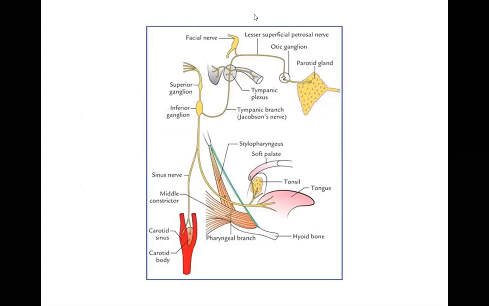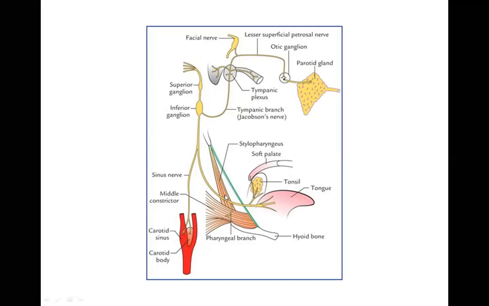So here you can see the branches. It has a superior ganglion, inferior ganglion. This tympanic branch forms the tympanic plexus. From there, the lesser petrosal nerve, and then to the otic ganglion, and from there the auriculotemporal nerve to the parotid gland. Then this is the carotid branch, then there is a pharyngeal branch, a tonsillar branch.